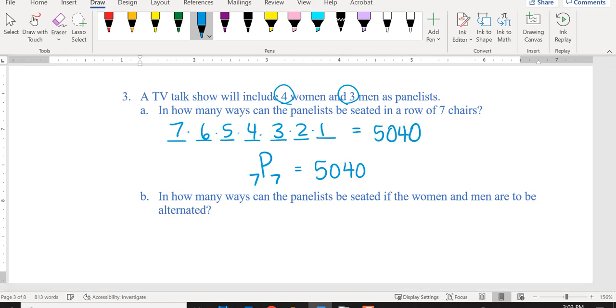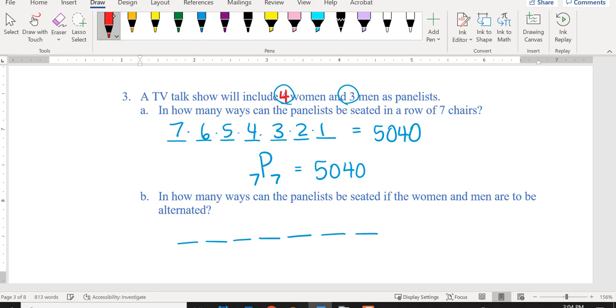Okay, part B says, in how many ways can the panelists be seated if the women and men are to be alternated? Okay, let's look at the seats. 1, 2, 3, 4, 5, 6, 7. All right, they have to be alternating. We've got 4 women and 3 men, so we need to start with women, right?